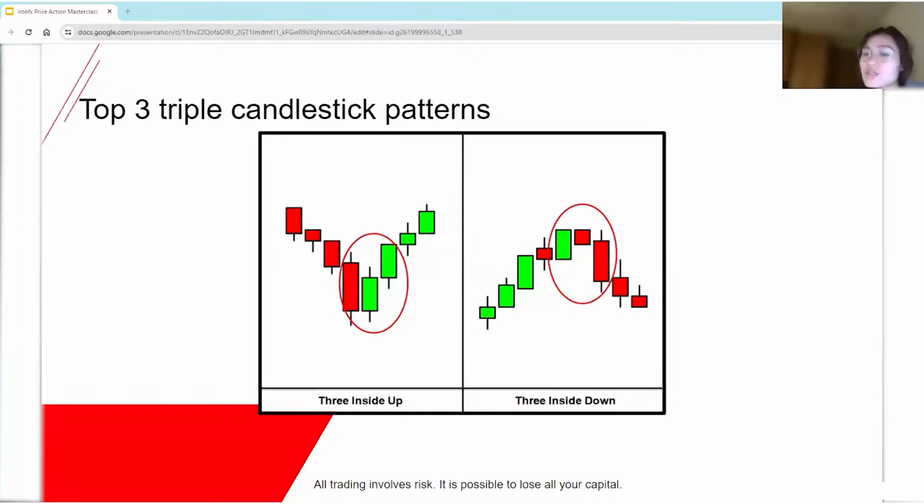Okay, so again, these are indicators of potential market reversals. That's why for our inside up, we can see a downtrend reversing up into an uptrend. For our three inside down, we see an uptrend turning into a downtrend.